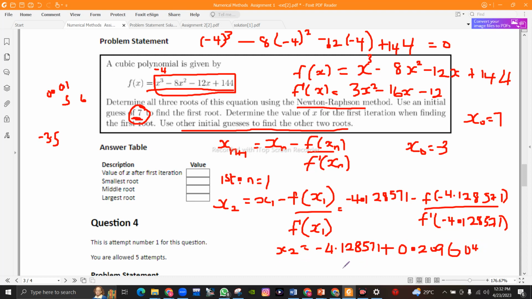If you calculate this, you're going to have your x2 to be equal to minus 4.00898967. So it is converging. The error is now around 0.2, but the next error you see will be smaller than that. So this is 0.8967. So let's go to the third iteration.